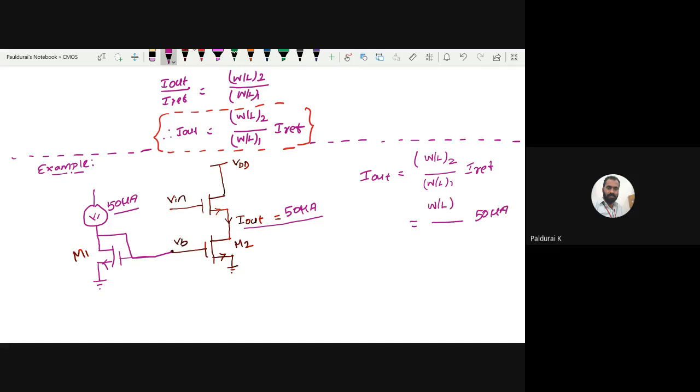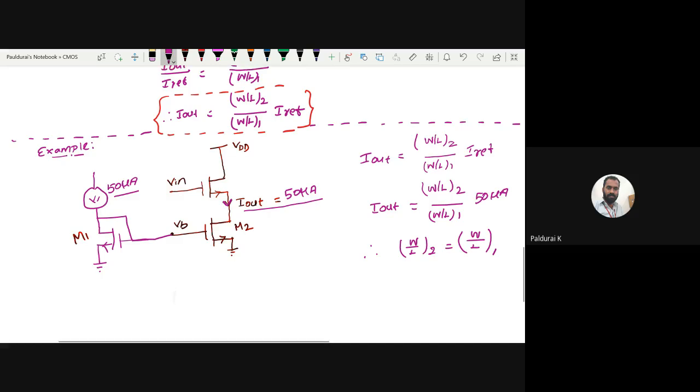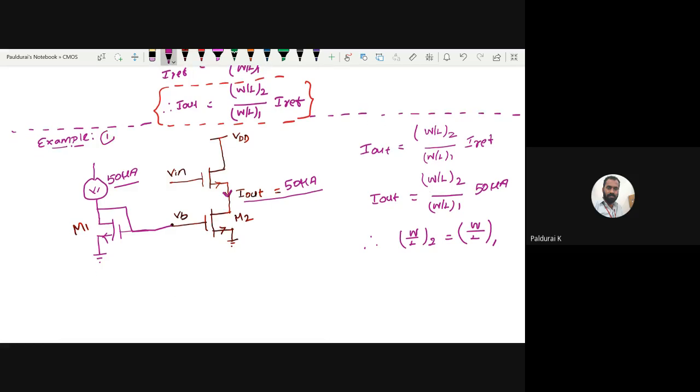Now what is the condition? Anyone? Therefore, width to length ratio of second transistor is equal to width to length ratio of first transistor. If both width to length ratios are equal, then here I can generate 50 microampere. Okay, that's the first example.